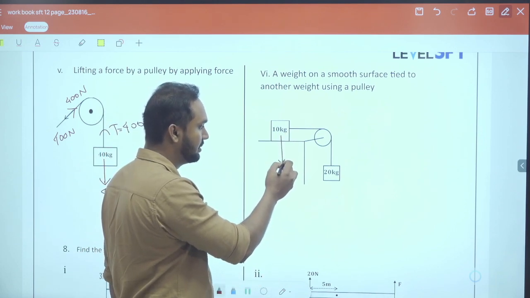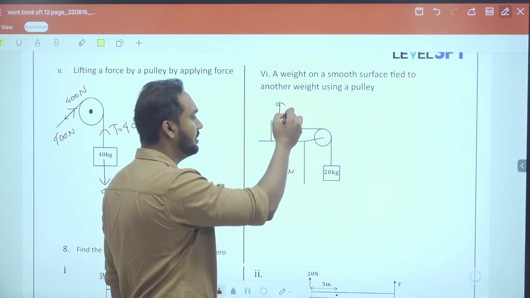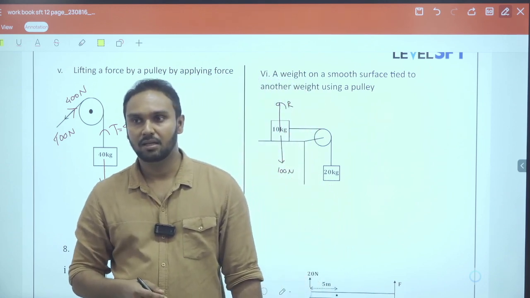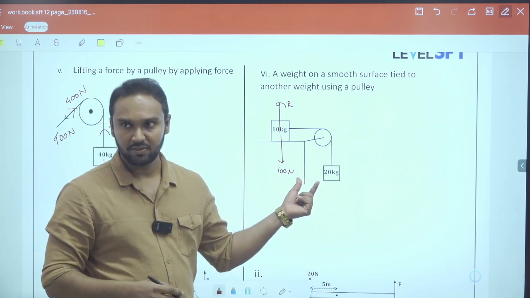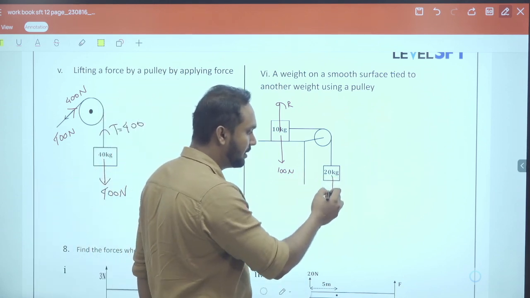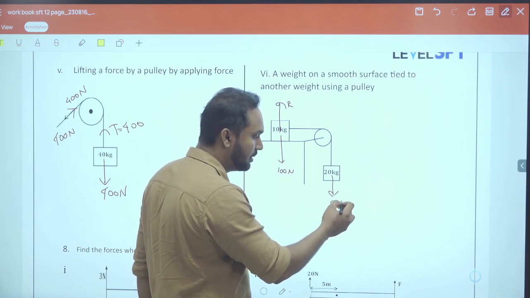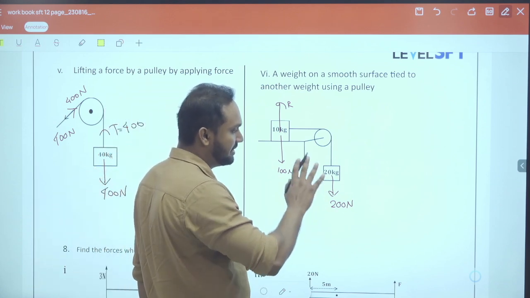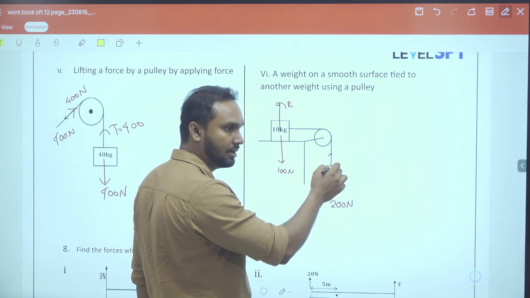100 newtons downwards. And since there is a surface, there will be a reaction upward that should also be equal to 100 newtons, so they cancel out and there is no resultant there, right? And also now if you take this 20 kilogram weight, it gives 200 newtons of force downwards, right? So if this is stationary, the tension will also be 200, right?